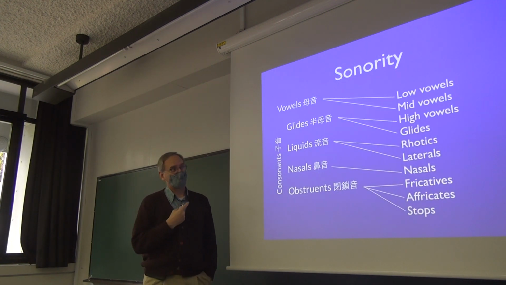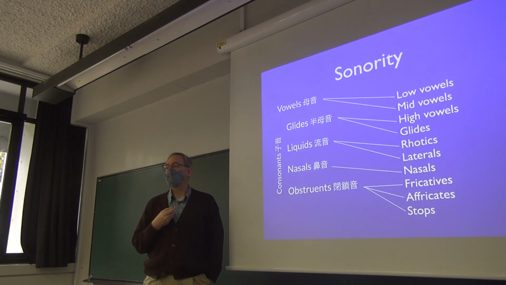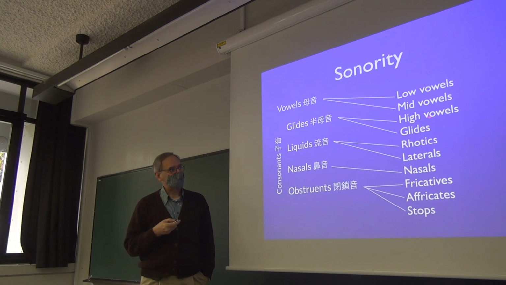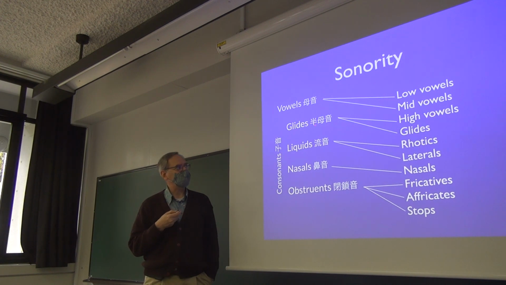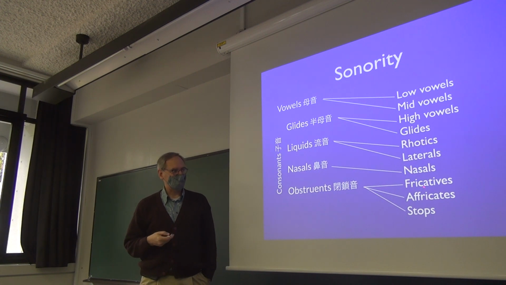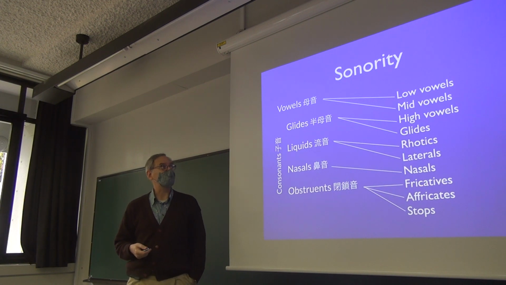And this just reviews what we've studied. So we've seen that the vowels can be distinguished by low and mid vowels, which belong to the group of open vowels. High vowels, like I, U, are the same degree of sonority as the glides, y, w. And then we'll be studying these in the future weeks. Rhotics and laterals are the R and L sounds, the liquids. Nasals, we use the same word for nasals. And then different types of obstruents, those that partially or completely stop the airflow.